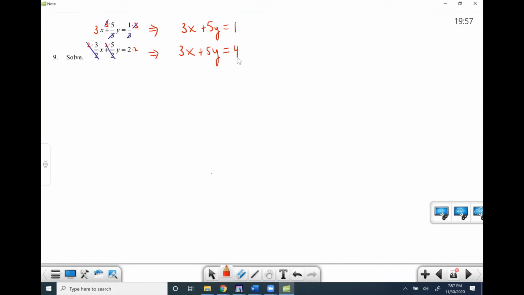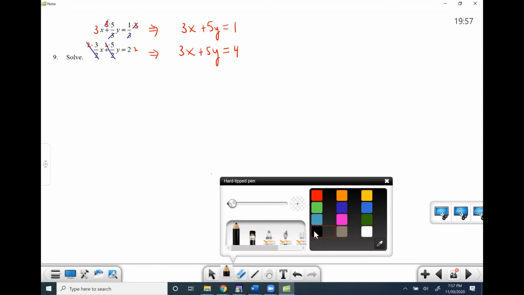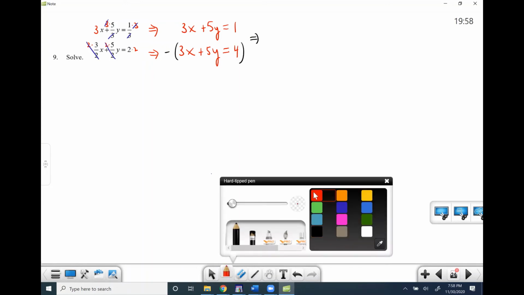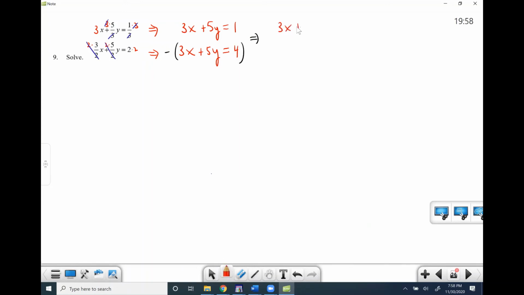All right. Okay. Well, if we wanted to get rid of something, we could just multiply by a negative to this, and that'll make them have opposite signs. So you'd have 3x plus 5y equals 1, and all these guys would be sign change, right?